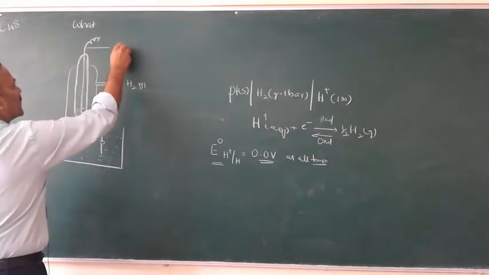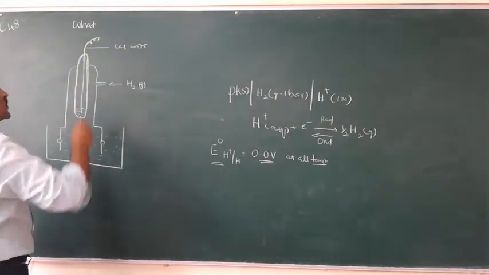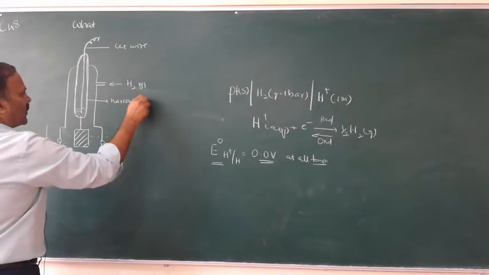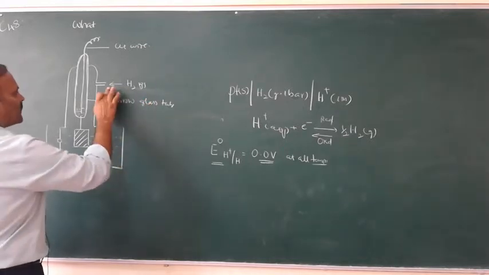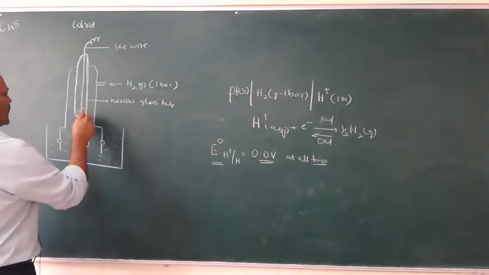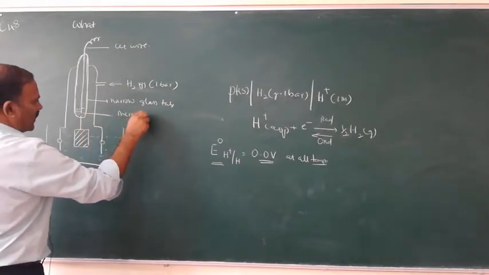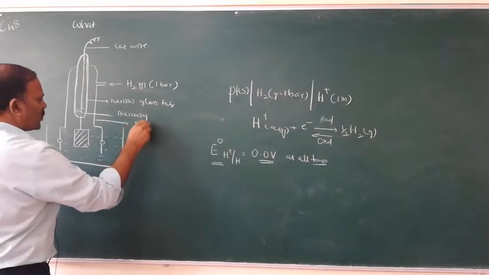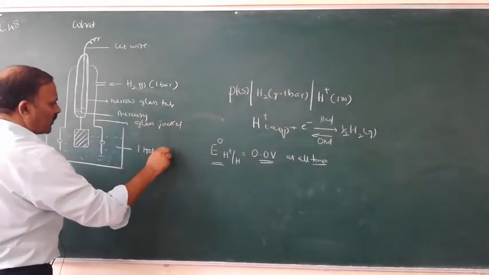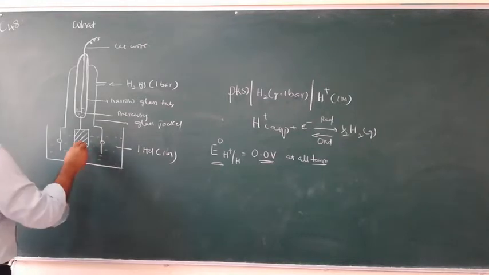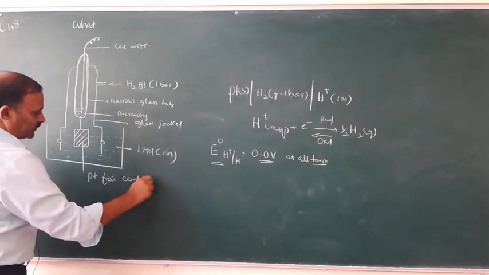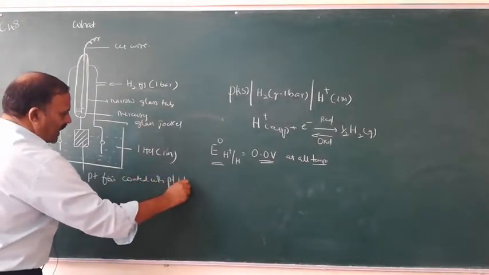What is this one? This one is copper wire which is used for external connections, and this one is narrow glass tube, and this one is hydrogen gas at 1 bar pressure, and this one is mercury, and this one is glass jacket, and this one is hydrochloric acid of 1 molar concentration, and this one is platinum foil coated with platinum black.